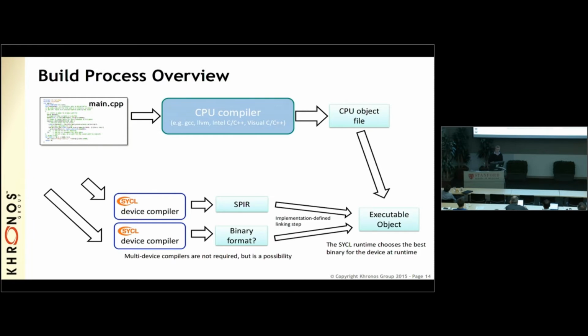So this is obviously a language specification, not an implementation specification. So the actual process here is left up to the implementer, and we'll see the way Codeplay's tools work for this during the hands-on demo later. But the specification is designed to allow this.